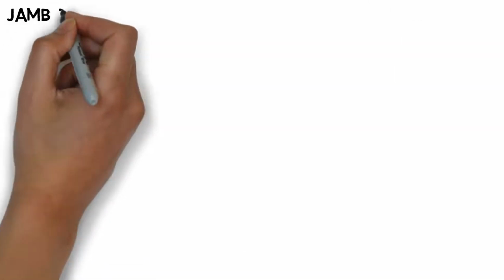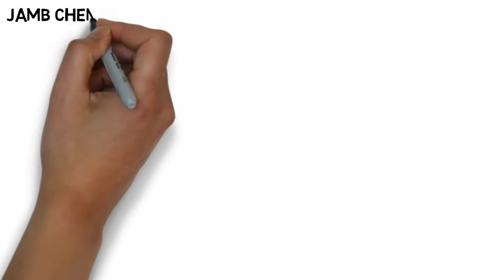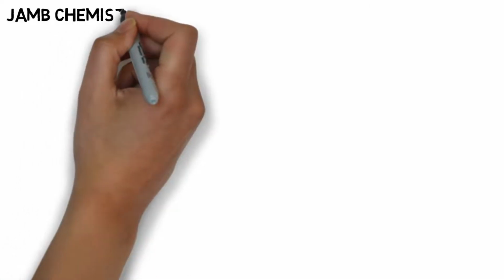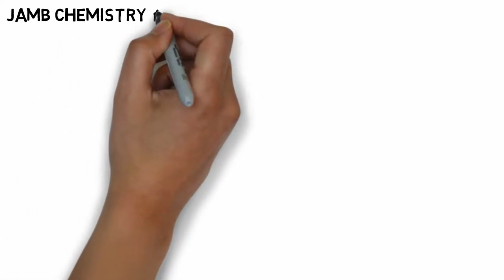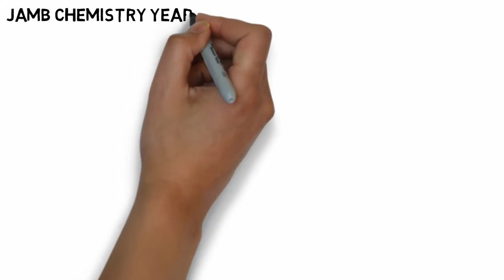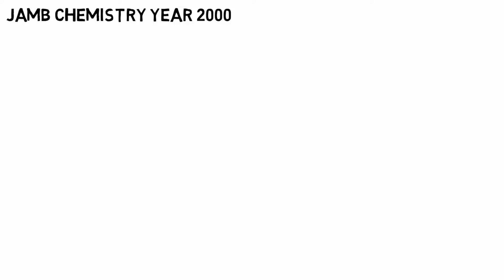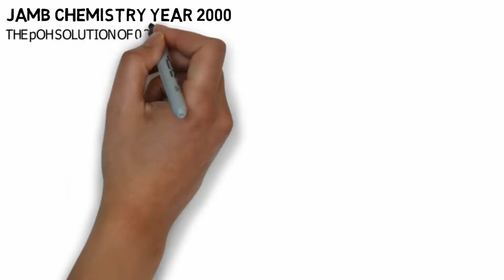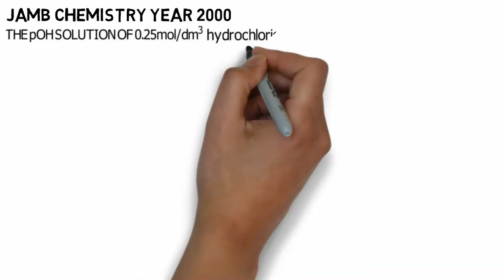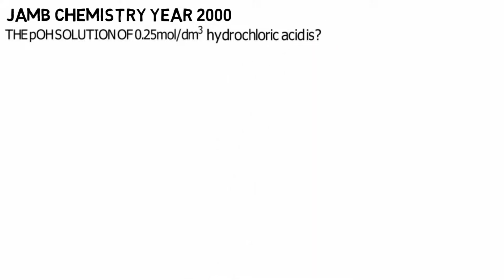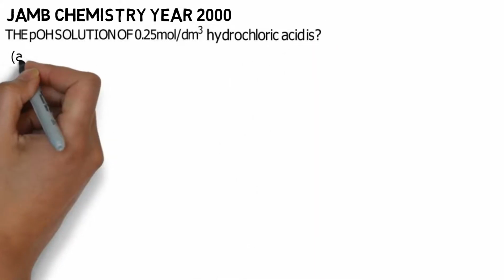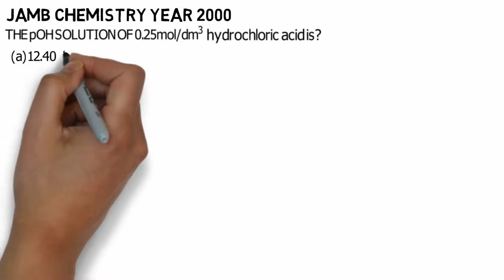So for emphasis sake, I would love us to use this method to deduce the answer of this question. This question was asked by JAM in the year 2000. So let's try it. The question states: the pOH of a solution of 0.25 mole per dm cube hydrochloric acid is.